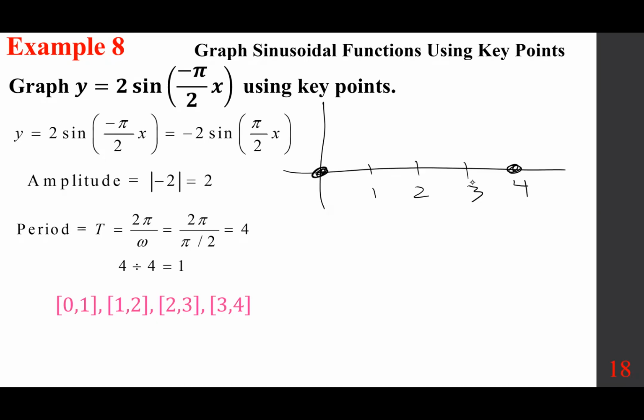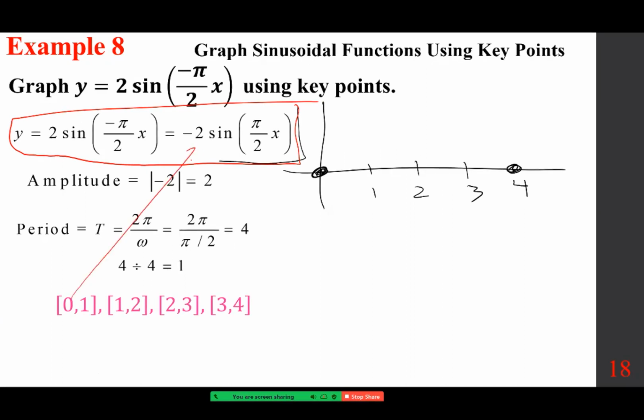All you have to do is plug in this. Now we're going to use this one, and we're going to plug in 0, 1, 2, and so on and so forth. So for example, if I plug in 0, I get minus 2 sine of 0, which is 0. And therefore it gives me 0, 0, and I have this point, just as an example.